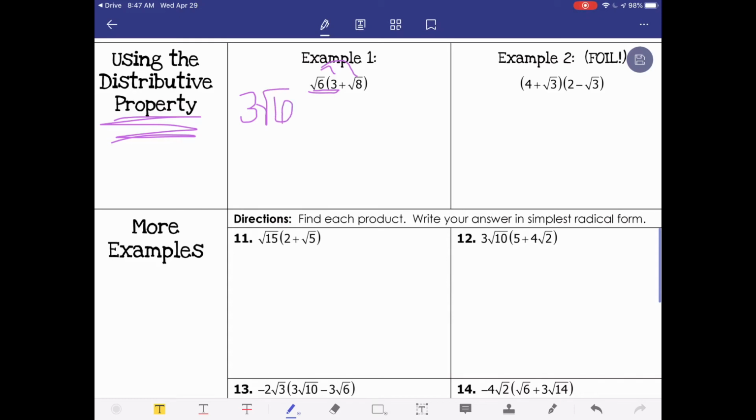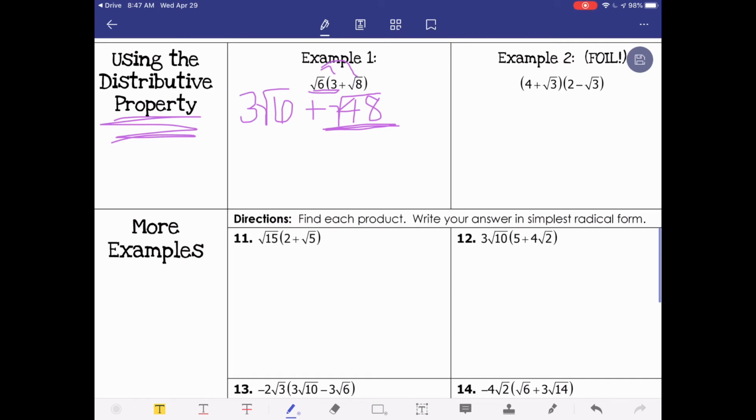And then I need to add that to radical 6 times radical 8. So no coefficients there, so we're just going to multiply what is inside the radical. So 6 times 8. So I'm going to have radical 48. Now I can't add these because I need to go ahead and simplify radical 48 first and see if they have a common radicand.